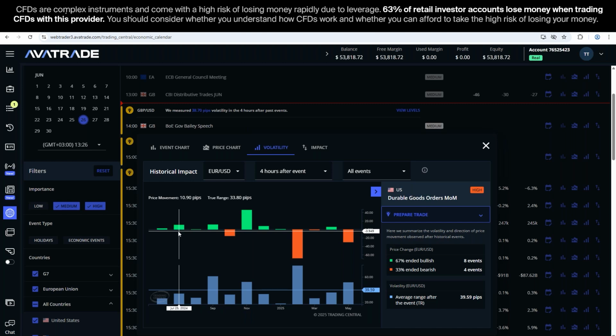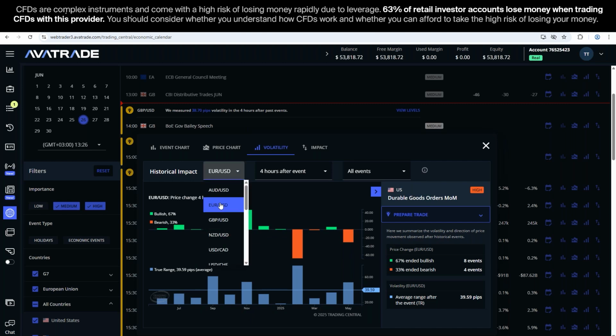So we've got a dozen of the past durable goods orders announcements charted here against whatever currency you pick. I picked the currency pair Euro USD. We can pick any USD pairing here because it's a US announcement, so they're all USD pairings.